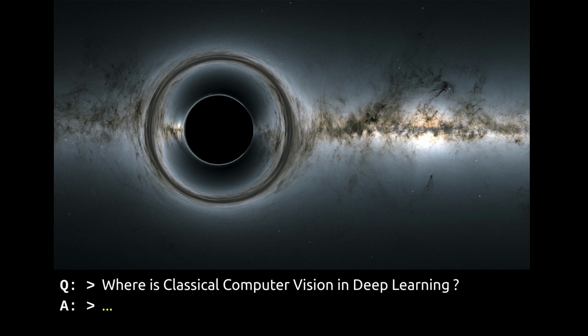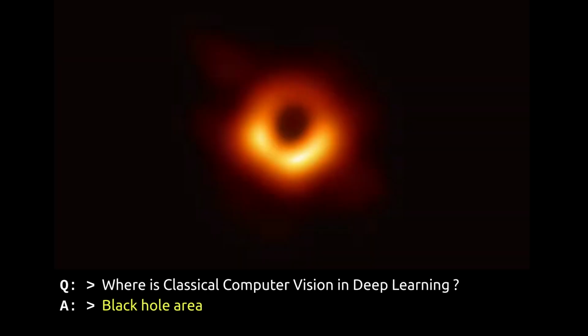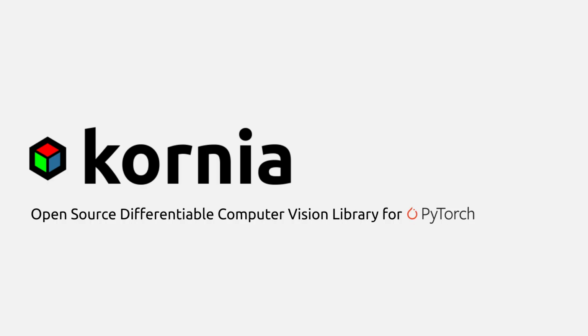All the algorithms were implementing end-to-end stuff using deep networks, but then we asked: where was the classical computer vision in these frameworks? The answer was that there was a kind of black hole area. None of these libraries were implementing classical vision methods. And this is the reason for Kornia.